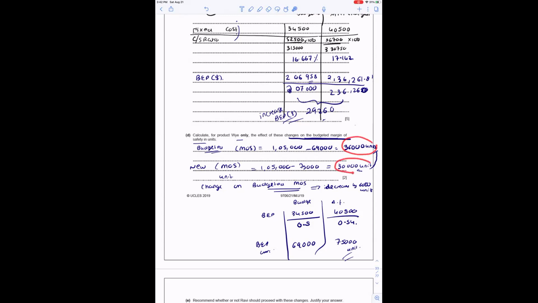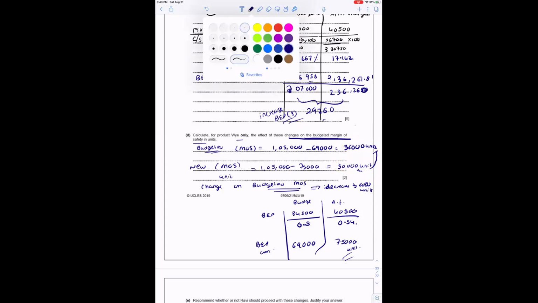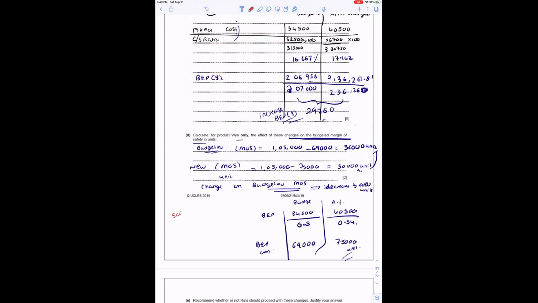Now you are 30,000 units safe. So it is a 6,000 units difference. Initially, you were more safe, now you are less safe. The change on margin of safety is that your safety will reduce by 6,000 units if you change to the new plan.